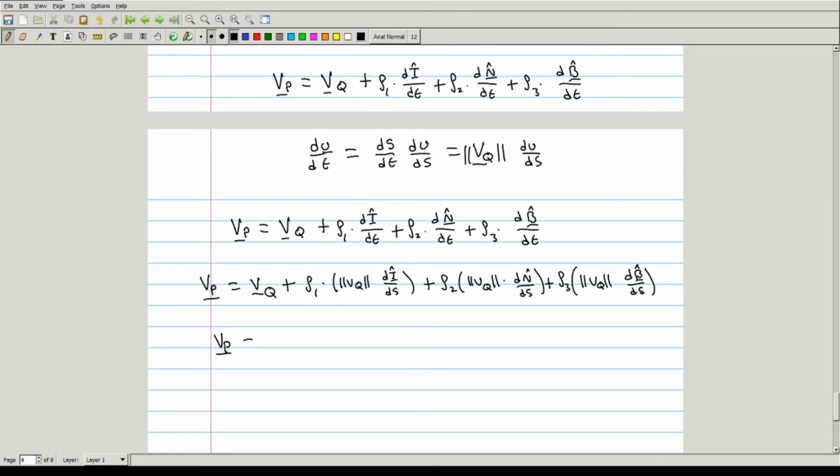Which all simplifies a little bit if we rewrite this as the magnitude of the velocity of the point Q times rho 1 times dt hat/ds plus rho 2 times dn hat/ds plus rho 3 times db hat/ds.